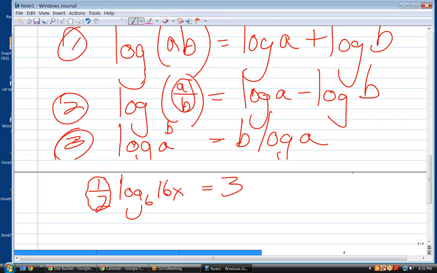That's the smartest thing to do, probably. But notice you could also make it the exponent of that log. In other words, by using Rule 3 in reverse, that 1/2 was in front of the log, so I can take that coefficient and make it the exponent of the argument. But it's actually a little bit better to do it your way. Multiply both sides by 2, and you have the log base 6 of 16x equals 6.